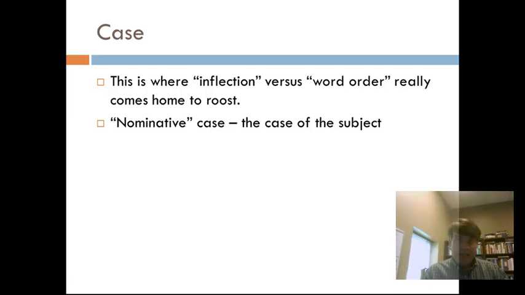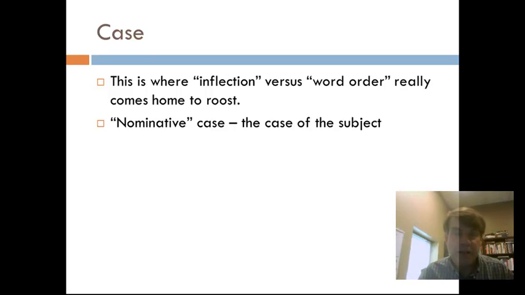A being verb is like an equal sign as far as case is concerned. So when I say he is a farmer, farmer is going to be in the nominative case. We call that, even in English, a predicate nominative, where the predicate is after the verb stuff, the verb and what comes after. Basically, the nominative case does actually do more than just the subject. We'll get to that in later chapters.